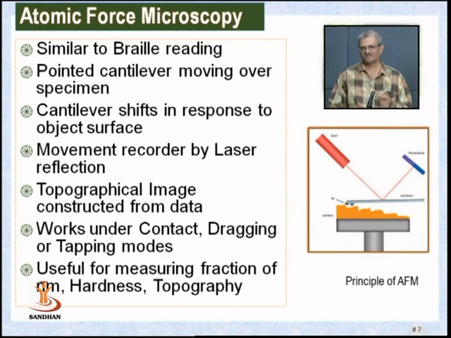Once the pointer of the cantilever traverses across the sample, it will move itself, and the shifting of the cantilever is easily recorded by a laser beam which deflects its signal, and the collection of deflected laser data is utilized to generate the images.